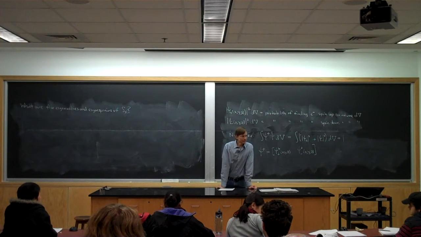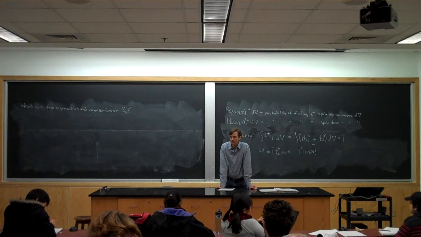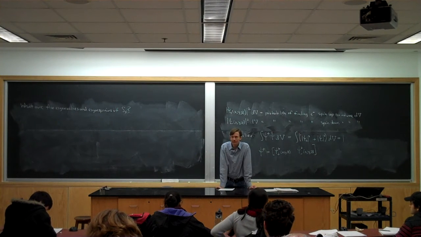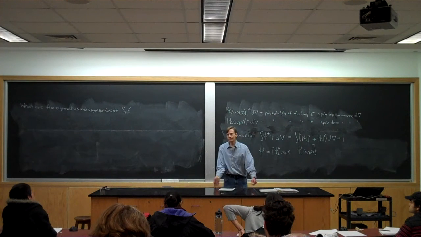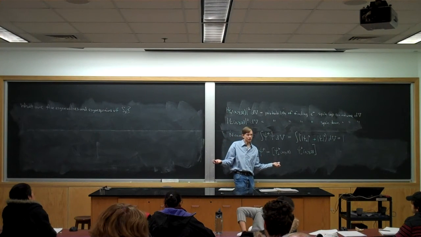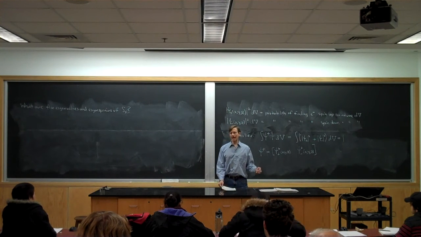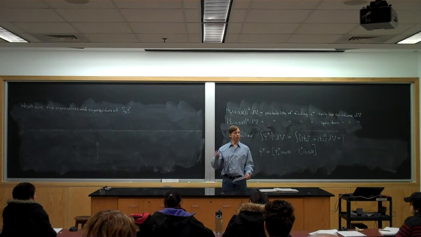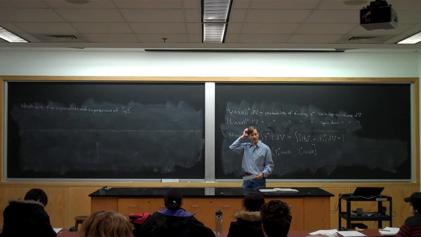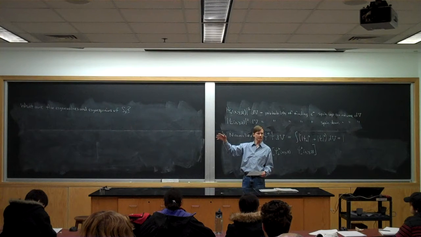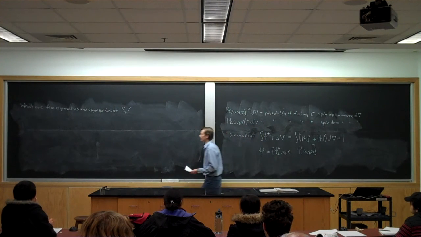What about if you measure the x component of the angular momentum? What are going to be the only possible values you could get? Same ones, right? Minus h bar over 2 and plus h bar over 2, because there's nothing special about the z direction. I can call any direction the z direction, so it has to be true that no matter what direction I measure along, the only possibilities are the same ones that I get for the z component. So it has to be that the eigenvalues are plus and minus h bar over 2.